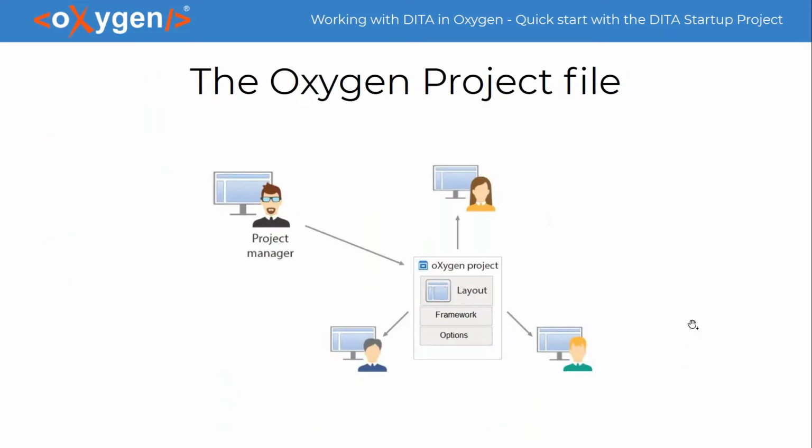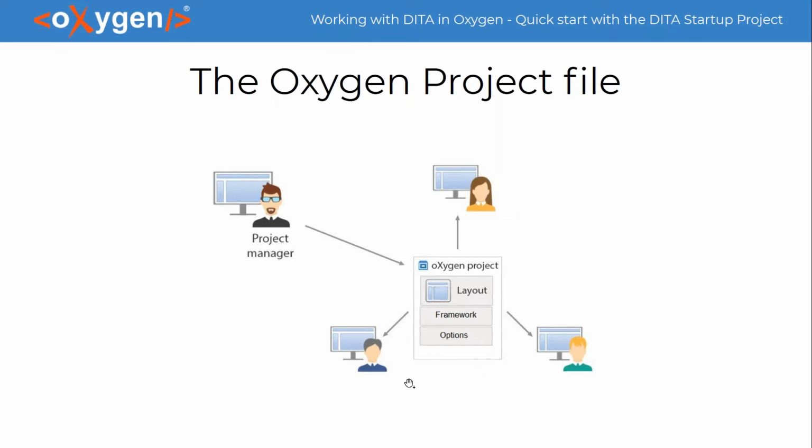So this is basically what an Oxygen project is. It's a configuration in which you make all these settings. You have the layout, you have these frameworks, customization, you have the settings, the options set to the proper values.